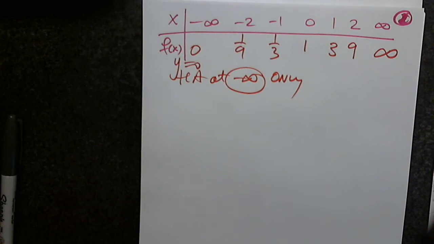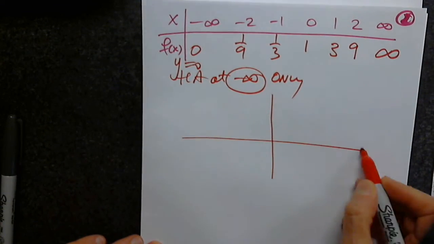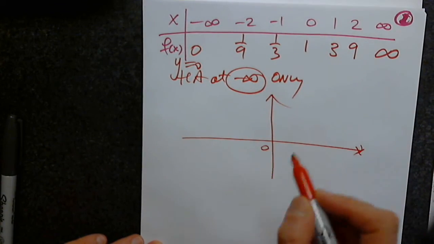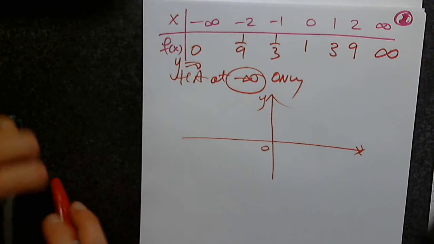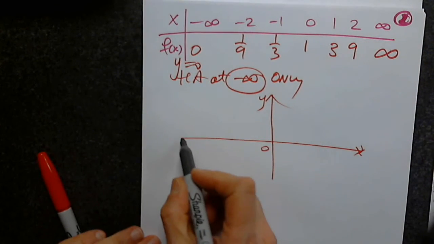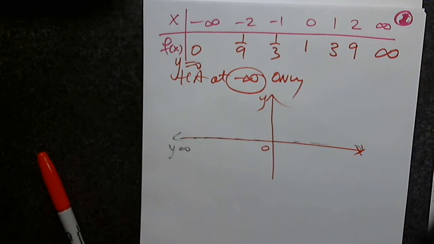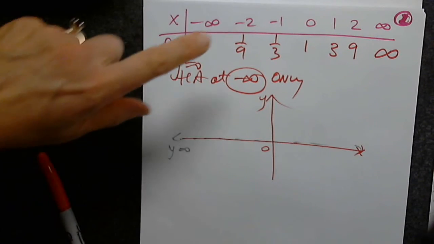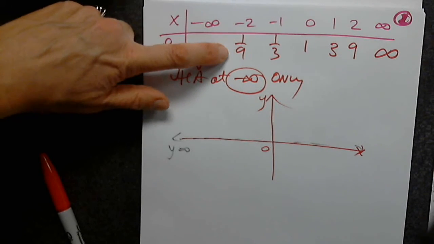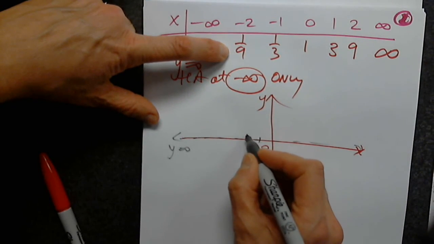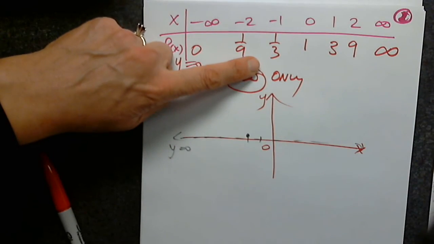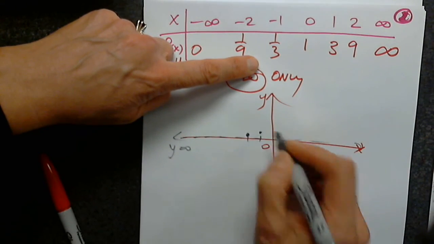Ready? So let's graph this function. When we graph functions with asymptotes, what do we have to do first? Yes, the asymptote. This is y equals 0. Please give me the first ordered pair. The first ordered pair is negative 2, 1/9. The next ordered pair is negative 1, 1/3.